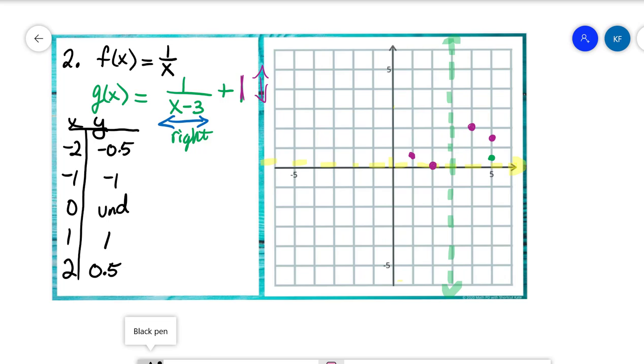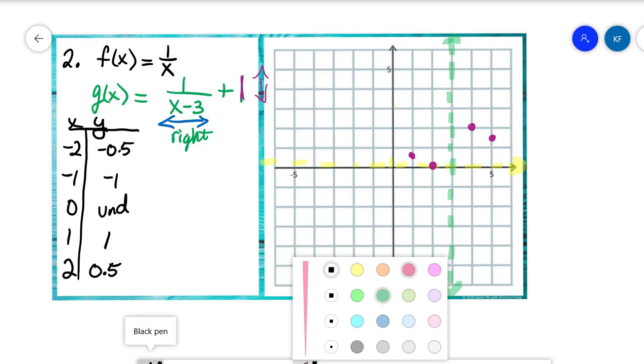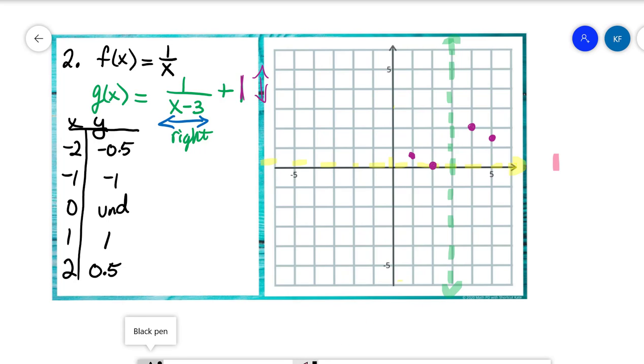It's fine if these are on your paper. I'm just doing it so it's clear in the video. And then finally, I need to move that asymptote up 1. So I'm going to do that, and erase the old asymptote right here.